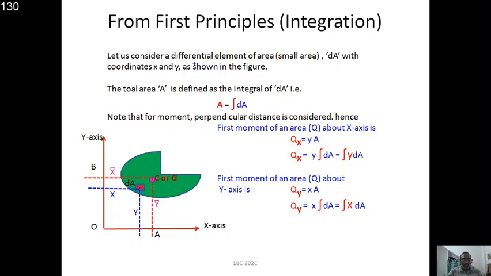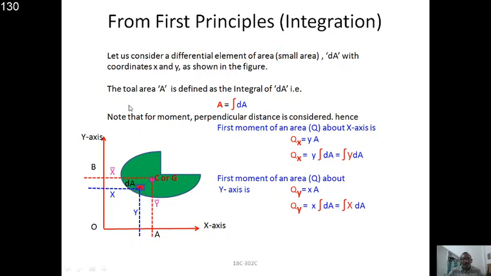In order to calculate, I need to take a differential element area, that is dA, a very small, negligible area. You see in the figure here it is a discrete element area. Here you can see that it is dA. The actual object is this green color, but I have taken a small area, a differential element dA, which is very small, right?